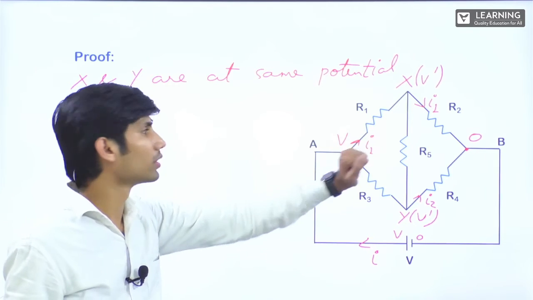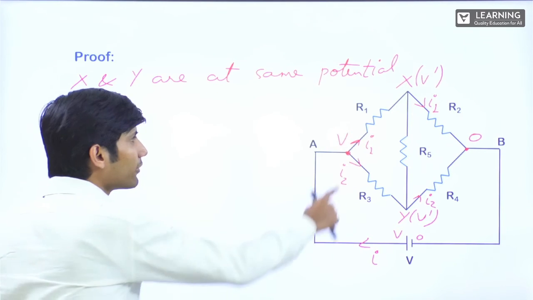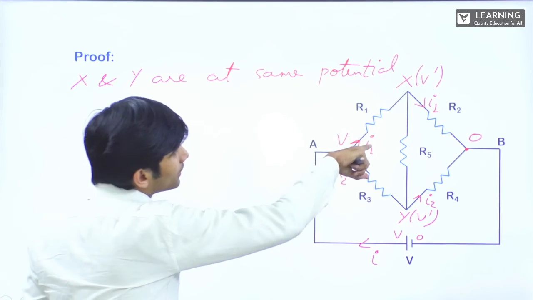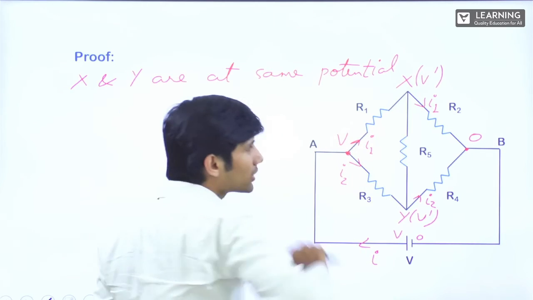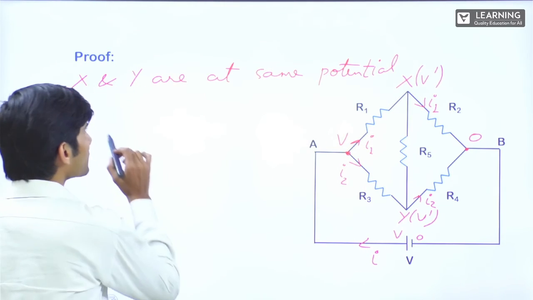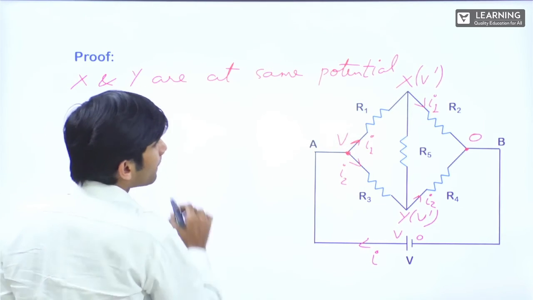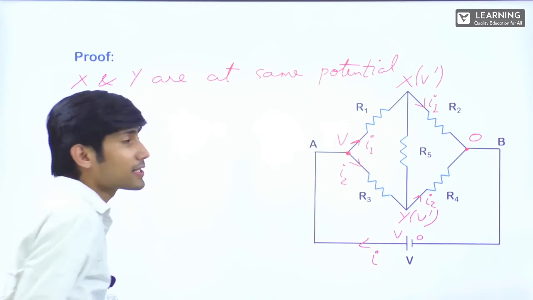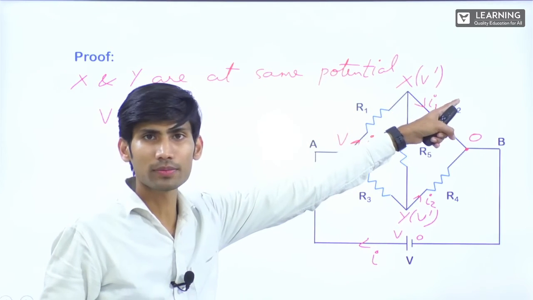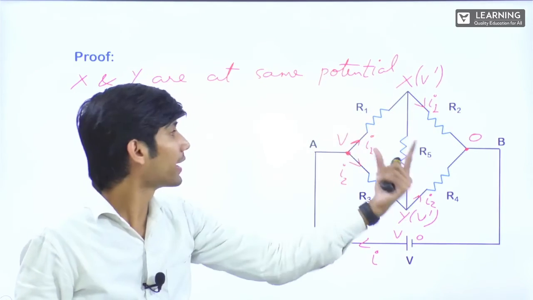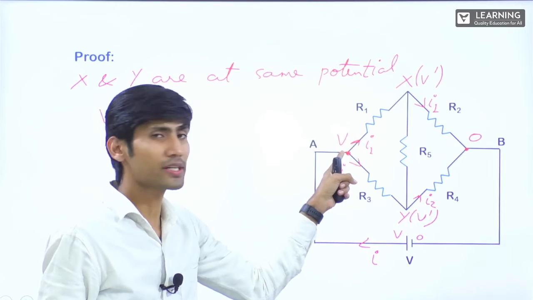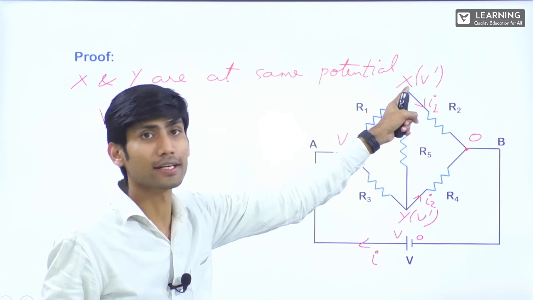Alright. Now, if I want to write the equation of potential difference, the potential difference across this resistor will be V minus V dash. This point is at potential V, this point is at potential V dash.